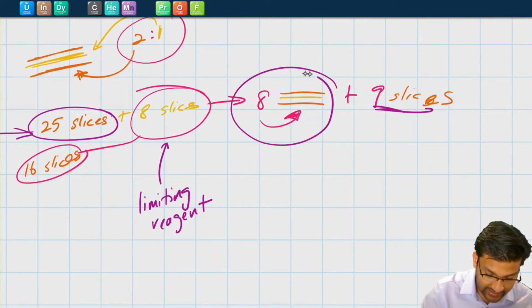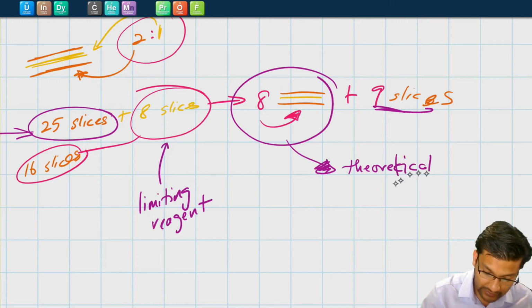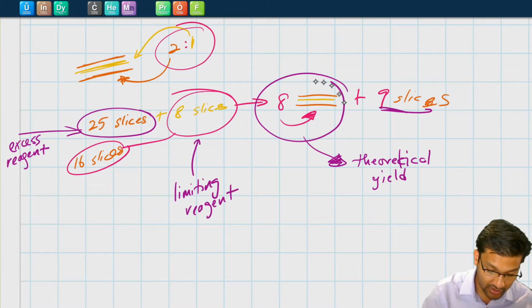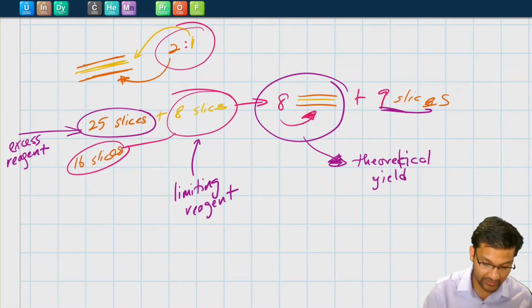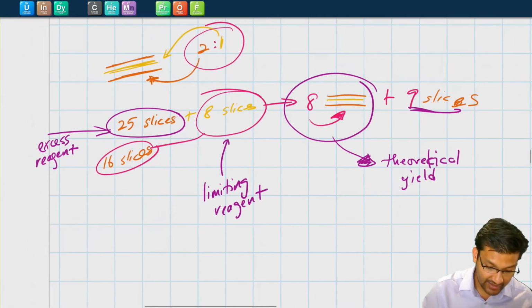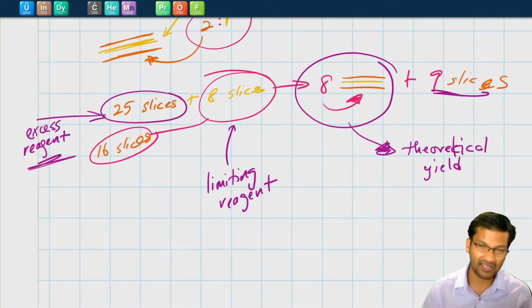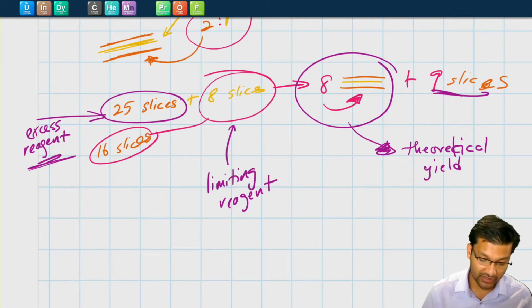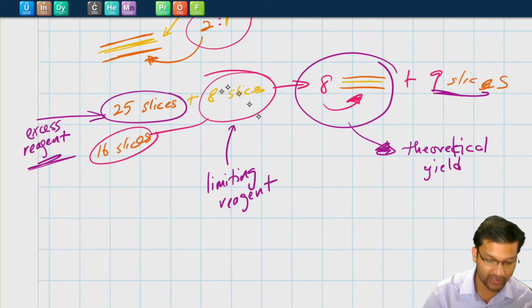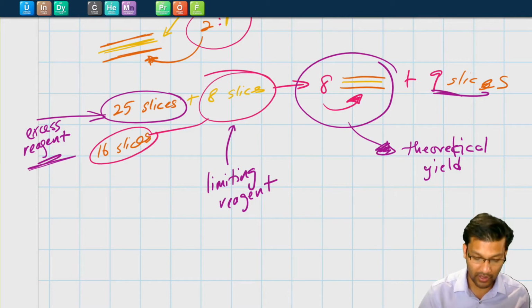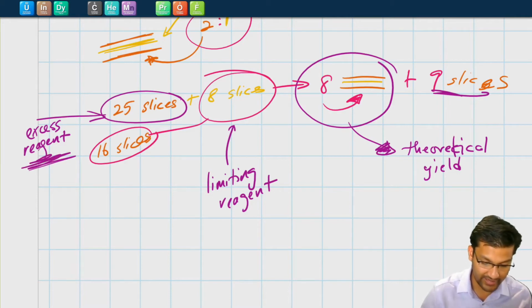And the 8 sandwiches that you can make is your theoretical yield. In short, your theoretical yield is the amount of product you can form when you've used up all of your limiting reagent. In examples like this, it doesn't matter if you add extra slices of bread, you still can't make any more sandwiches because you've run out of cheese. But if you add extra of the limiting reagent, extra cheese, you can form more product because you have excess bread lying around.